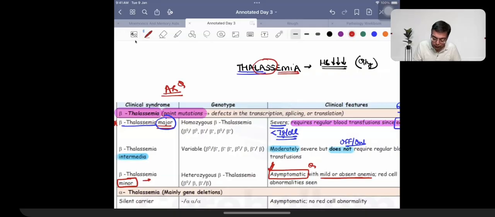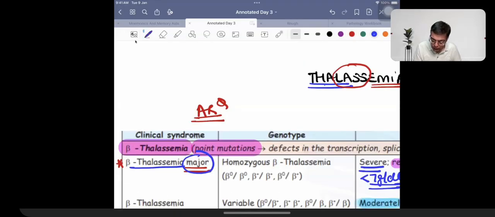The concern that you need to remember over here is that normally the hemoglobin is alpha 2 beta 2. If there is a beta thalassemia, beta chain is not available. So what will happen? Alpha chains are going to get precipitated in the erythroblasts.